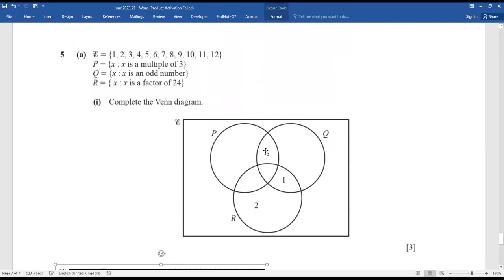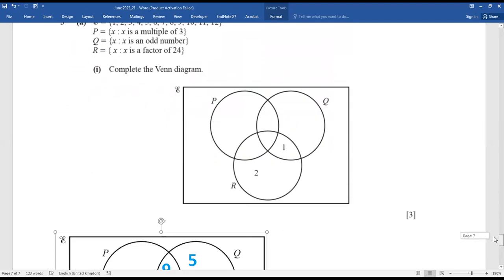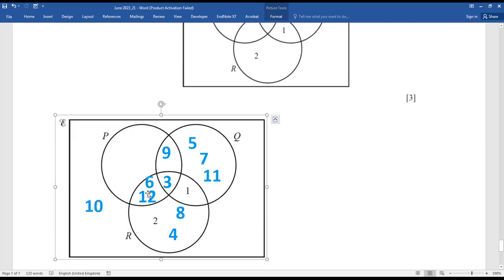Now what about P intersection Q, which is a multiple of 3 and an odd number? 3 is the one, but it is already included. We do not need to write it again. Then 9, we'll include 9 over here as I have done. And then P intersection R, which means multiple of 3 and factor of 24, which is 6 and 12.